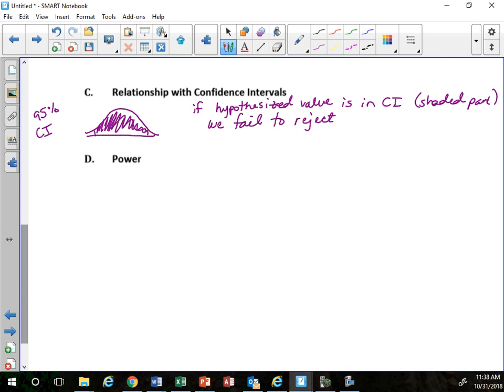Okay, it's in the part where we thought it would be, so it's probably true. We're not going to reject that. But if our hypothesized value is not in our confidence interval, not in the shaded part, that's when we reject the null.